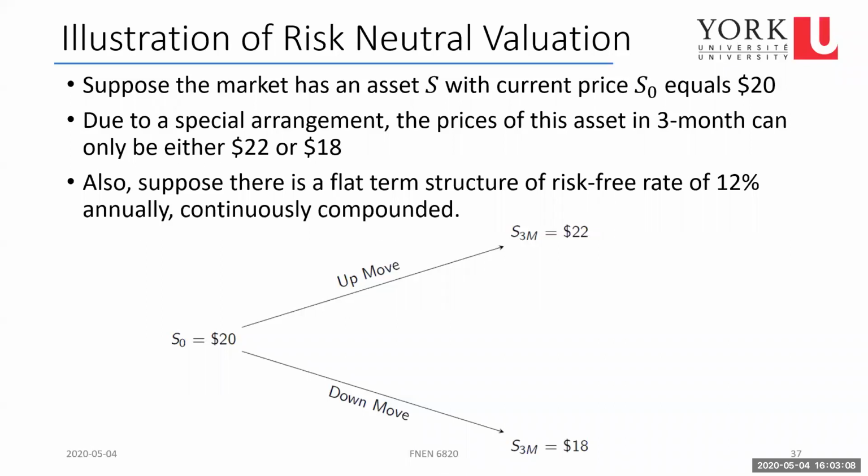We also assume a flat term structure of interest rate, basically just for one period, with an annualized rate of 12%. So 3 months is a quarter of 12%, okay?